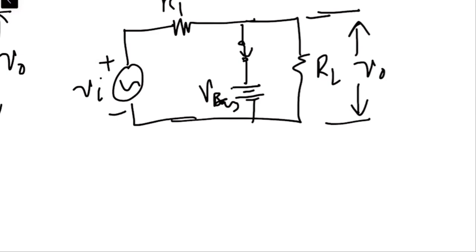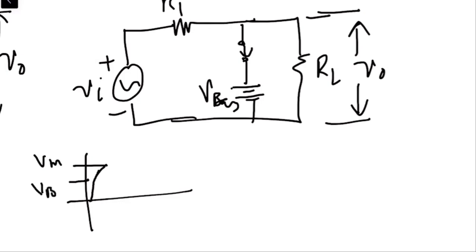Now, when the input is being applied over here, what happens is that the input rises. And if we say V bias is a value which is less than the peak value of the input, so if we say this is the Vm and this is V bias.